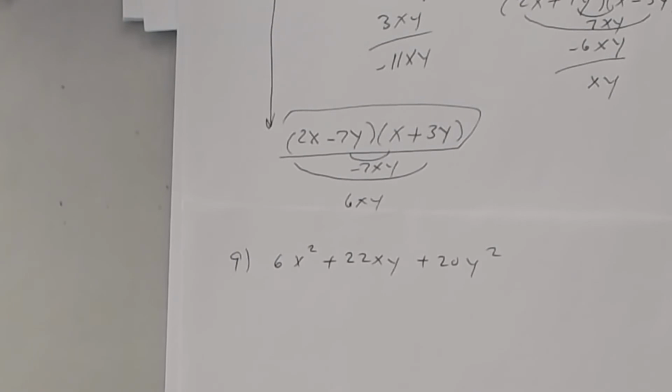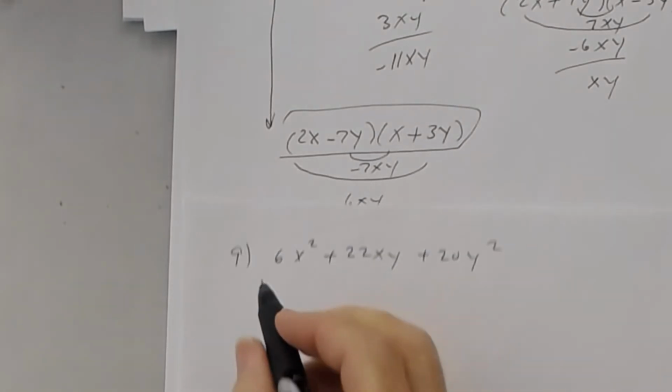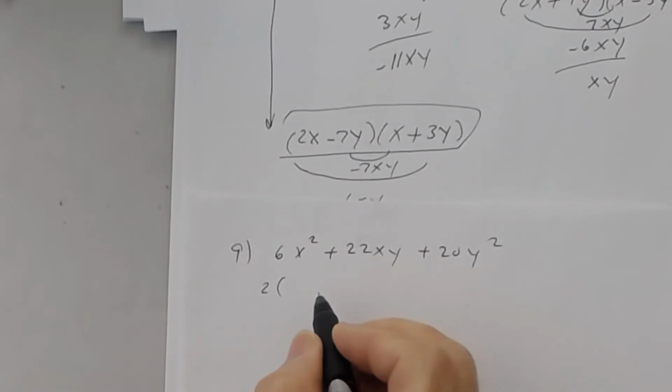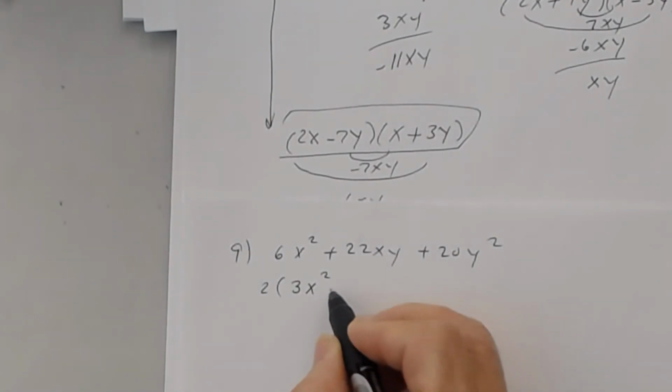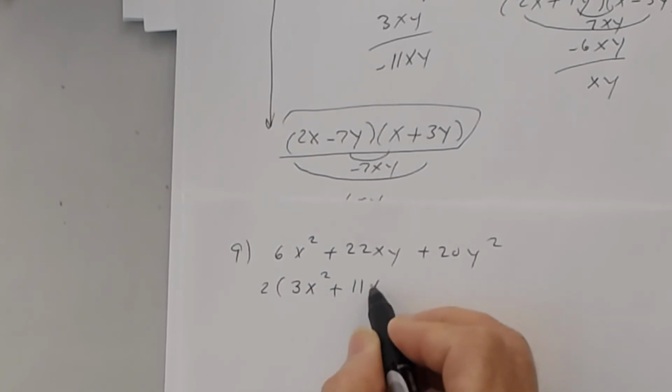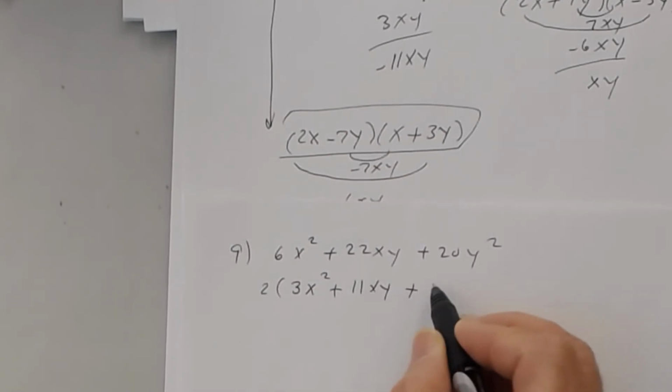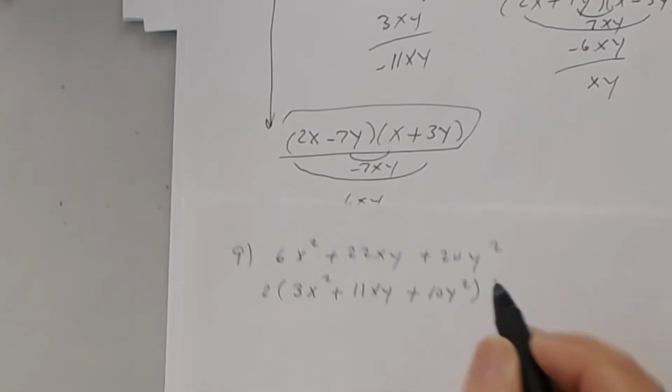So 6x squared plus 22xy plus 20y squared. Always look for GCF. 2. So I get 2 times 3x squared plus 11xy plus 10y squared. All right.